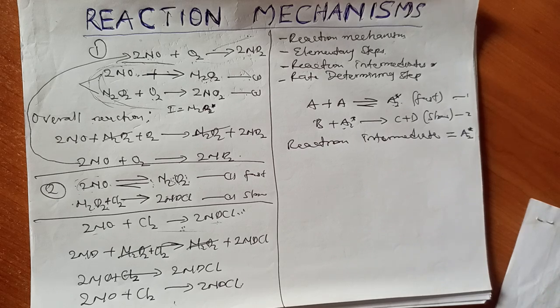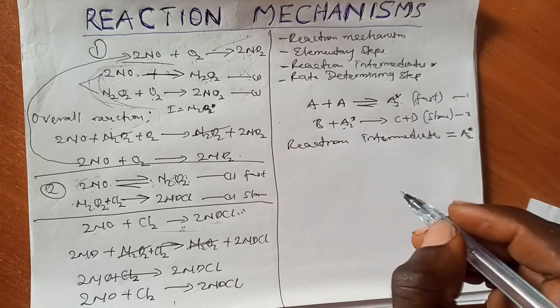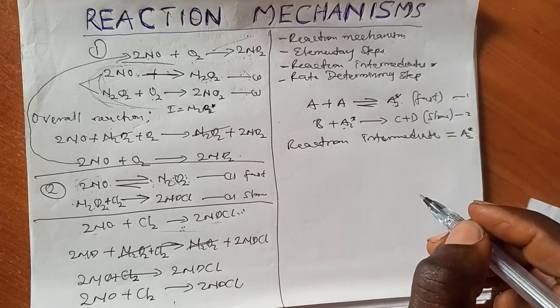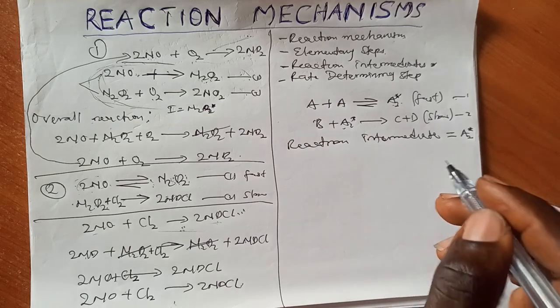So what is formed in the rate determining step most times is the product of the overall reaction. Please note that. It is the most important step in your reaction mechanism, because it determines how you get the rate law for that reaction. Most times it is the slowest step in the reaction.